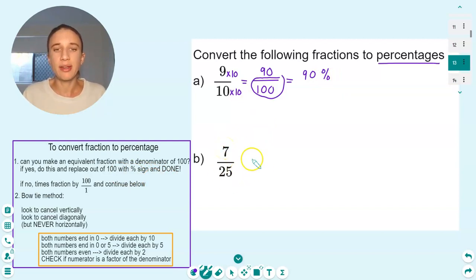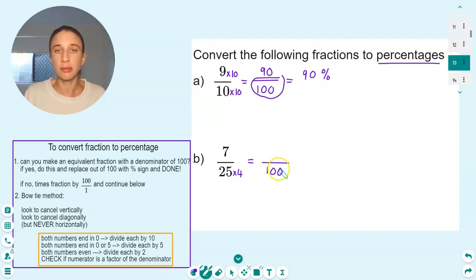7 over 25. Looking at the first step, you're looking at the denominator. Can I write this fraction as over 100? I can, because 25 is that special number that goes into 100. So I ask myself, 25 times what gives me 100? 25 times 4.